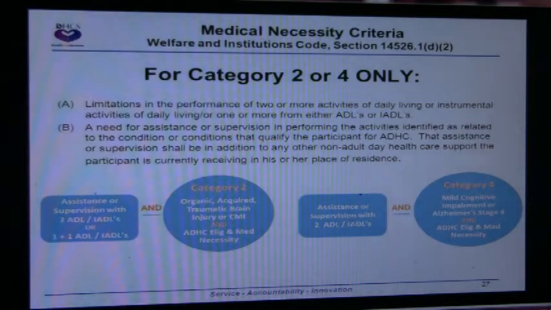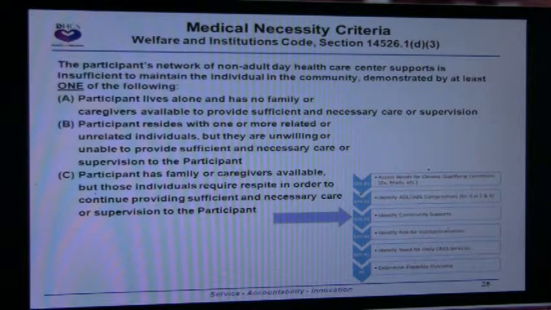Everything's on the slide so that you can see which piece of the W&I code it comes from, the specific category, and then the different qualifications for the category. And this is one of the slides that bubbles the 2 categories that need assistance or supervision with the ADLs or IADLs, category 2 and 4, so that you remember those 2 in your head. I think the next slide is the big, not the round one.